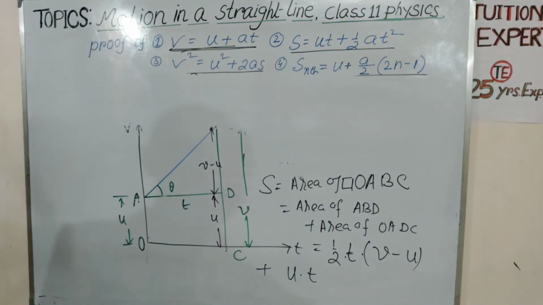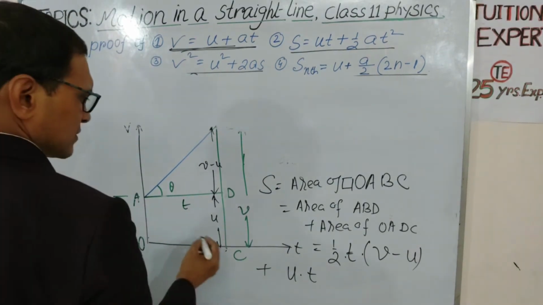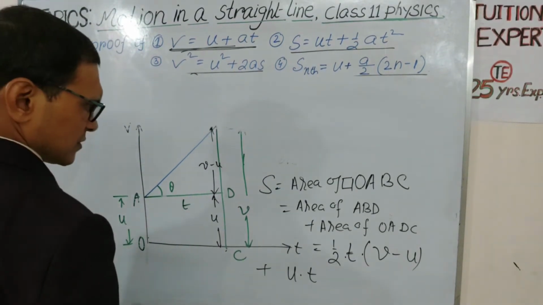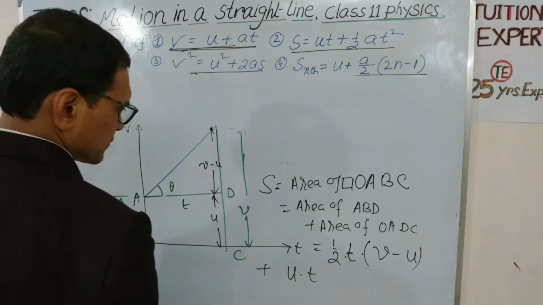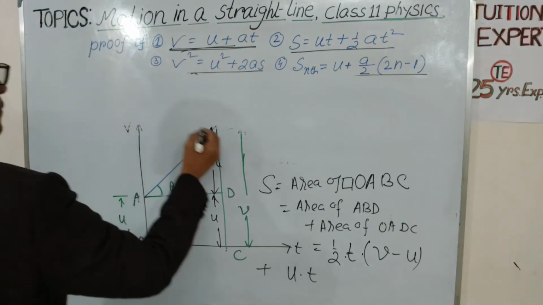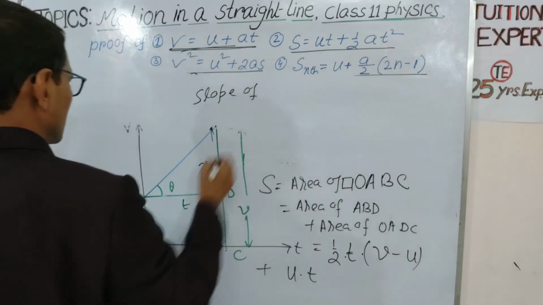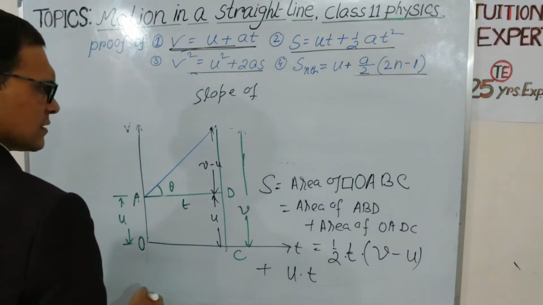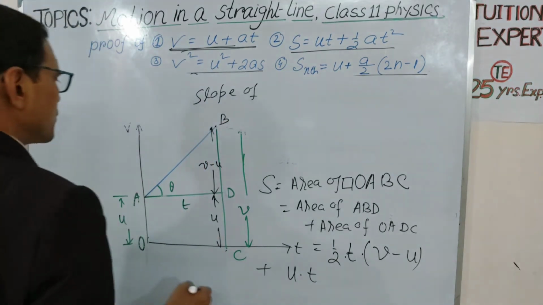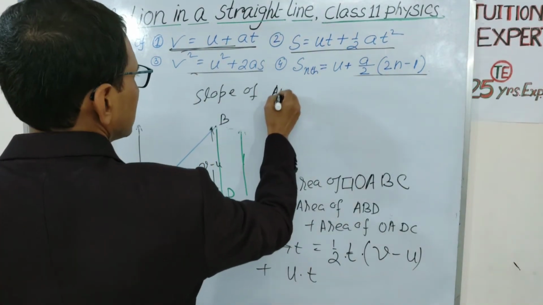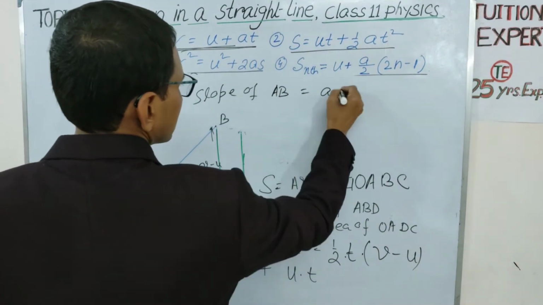So what becomes? Now we know the slope of AB equals the acceleration a.